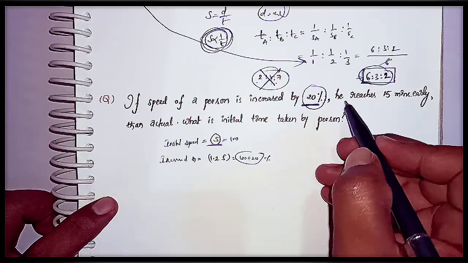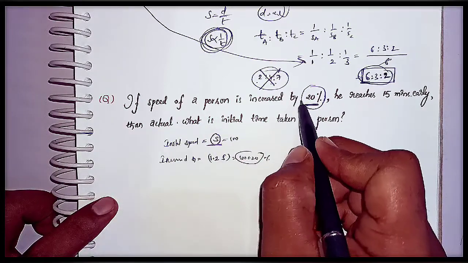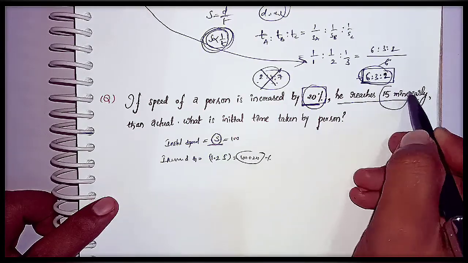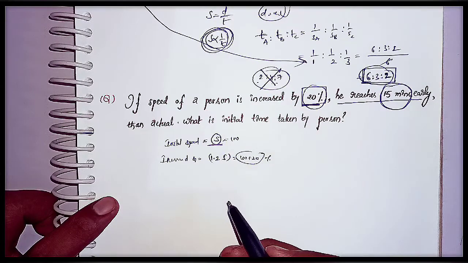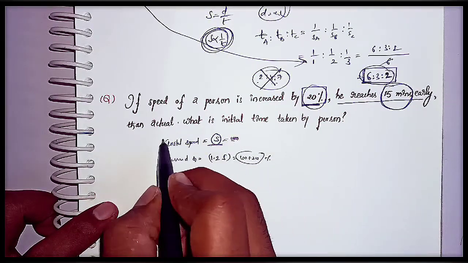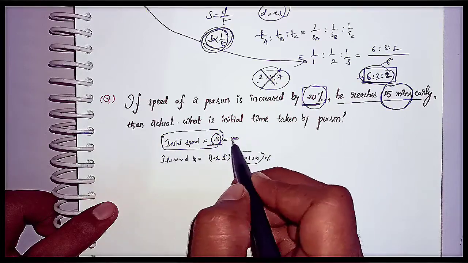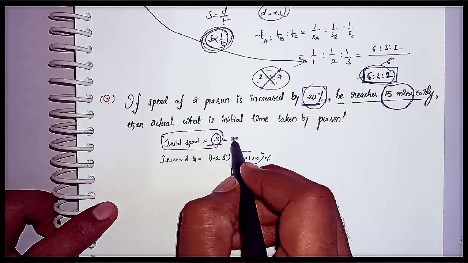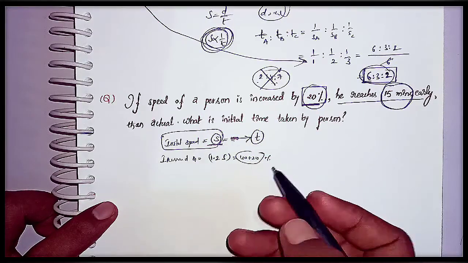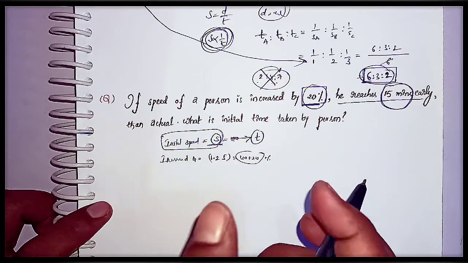Because of increasing the speed by 20%, he reaches 15 minutes early. Yes or no? That means at the initial speed s, he is reaching his home, or wherever it may be, with a time t. Let us consider t seconds or t minutes, whatever it may be. Listen carefully, a very very important question.